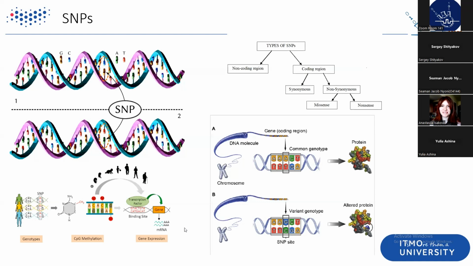Sometimes these SNPs with an allele frequency of less than 1% are called single nucleotide variants. And these variants are important as they are rare mutations in some germline and somatic cells.